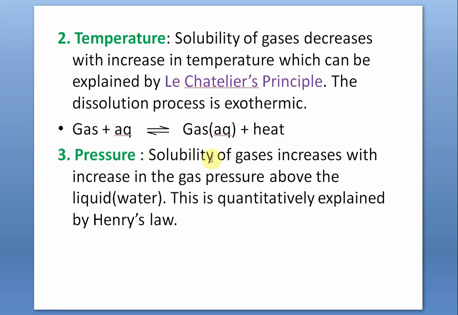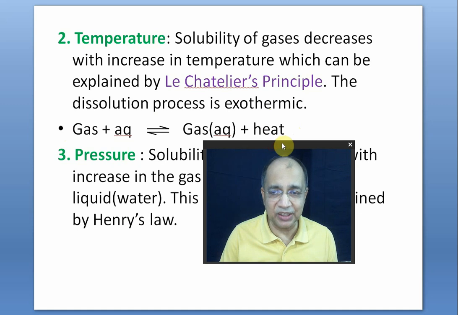So any dissolution of a gas is exothermic. So when you increase the temperature, the system will try to reduce the temperature by absorbing heat, so that the endothermic process will be favored, the backward process will be favored, more gas will be expelled out, so the solubility will decrease. You can also express in another way using kinetic theory.